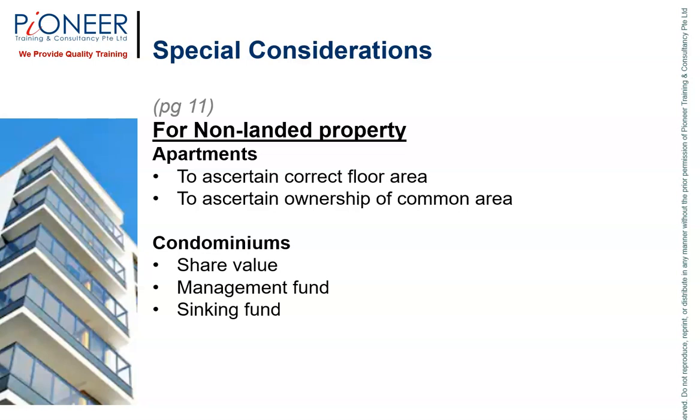Condominium land size must be of a minimum of 1,400 square meters. Now, be it condominium or apartments, you will need to find out about the unit floor area, the ownership of common area, share value of the units, and that will translate into a certain payment amount for management fund and sinking fund.